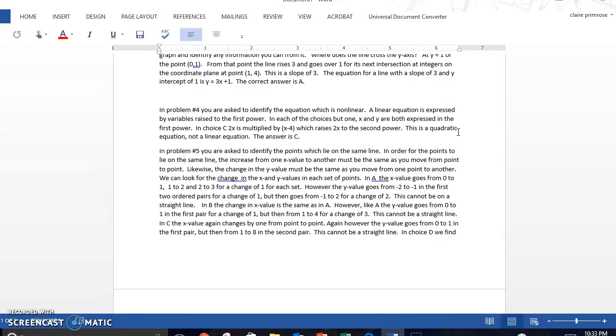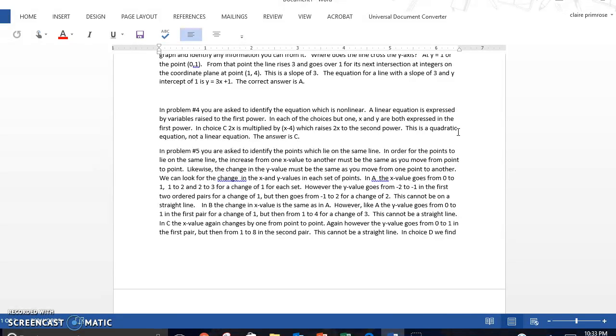This cannot be on a straight line. In B, the change in the x value is the same as in A. However, like A, the y value goes from 0 to 1 in the first pair for a change of 1, but then from 1 to 4 for a change of 3. Again, this cannot lie on a straight line.